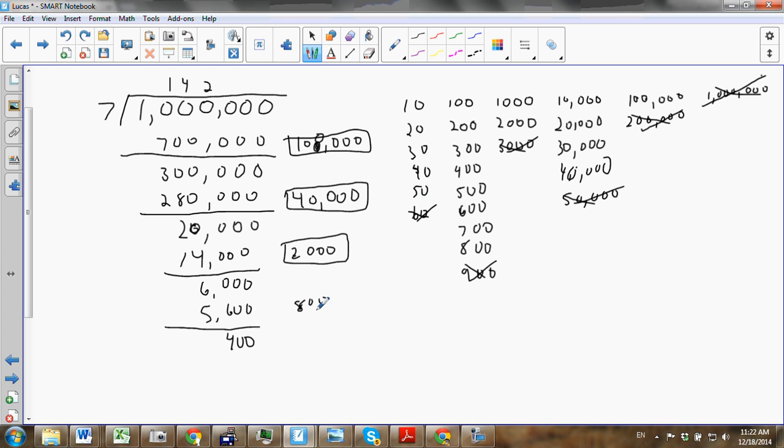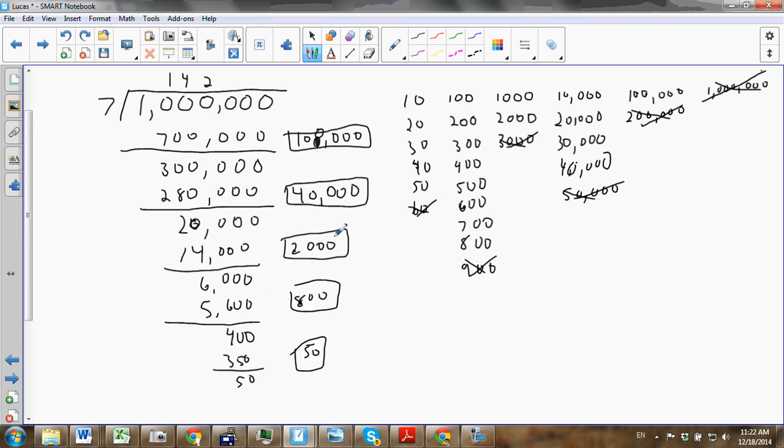So we can take out 50 more, and that's 350. That leaves us with 50. And how many sevens can you take out of 50? You can take 7 out of it because that's 49.